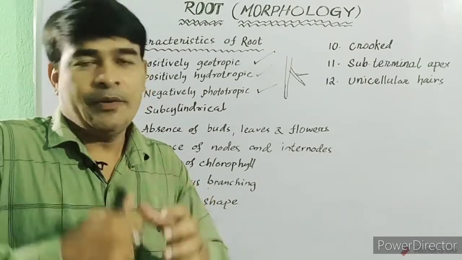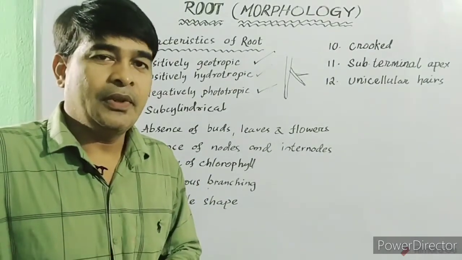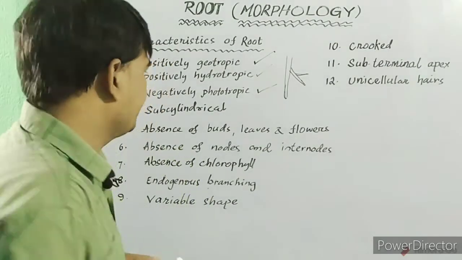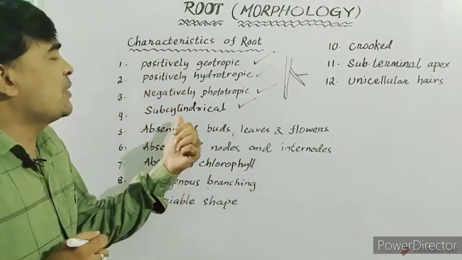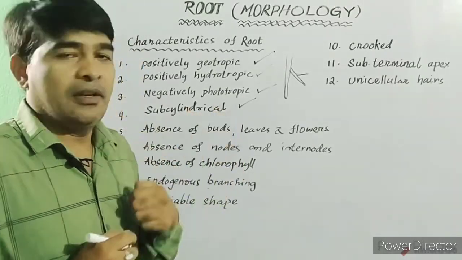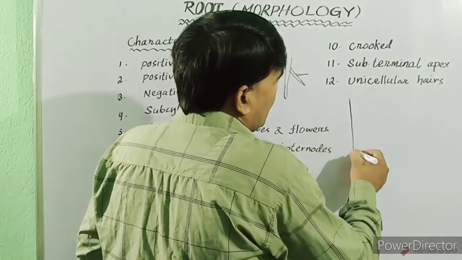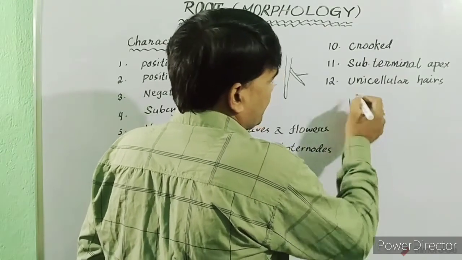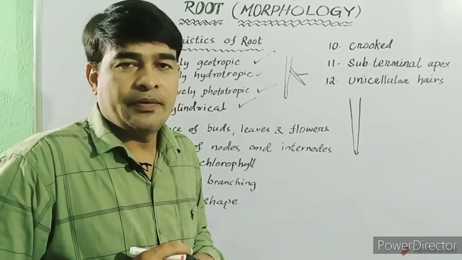That means they grow away from the light, although some roots are neutral to light. Then the roots are subcylindrical. That means they gradually narrow from the base towards apex. So they are subcylindrical in shape.